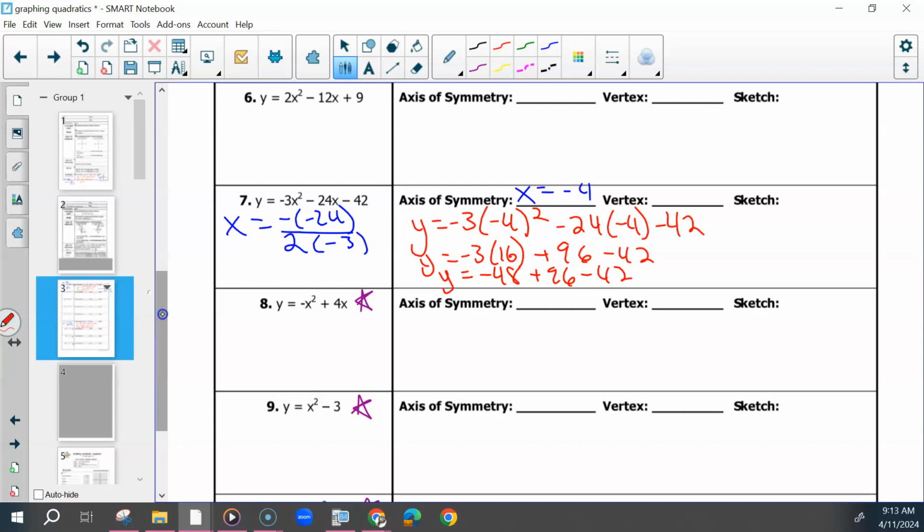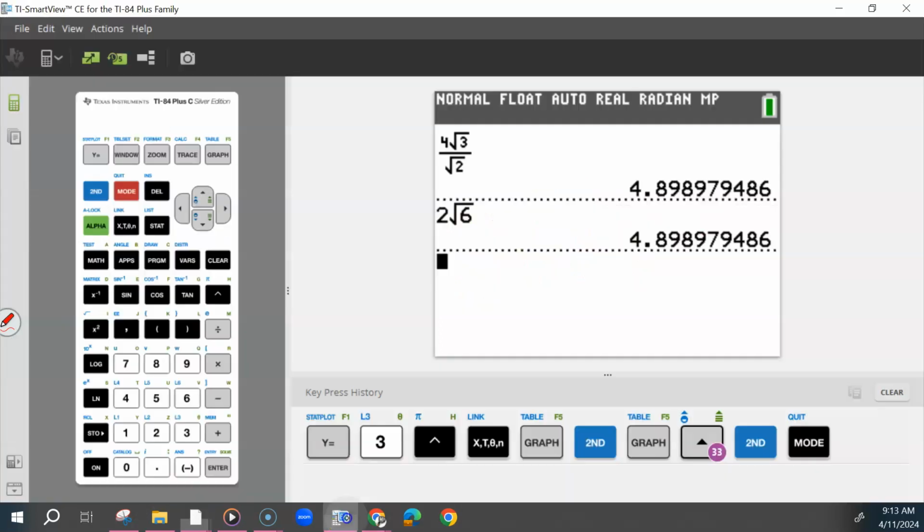Make sure you use parentheses. Anyone else get 6? I think it was 6. Yeah.